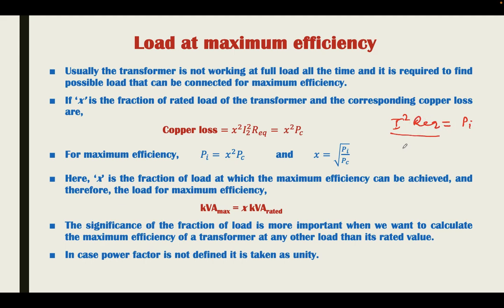Let's consider the maximum efficiency occurs at a fraction of load, and that fraction is x. Because load is described with the magnitude of current, it will become x square into I square R equivalent, equal to Pi, or simply x square PC equal to Pi.